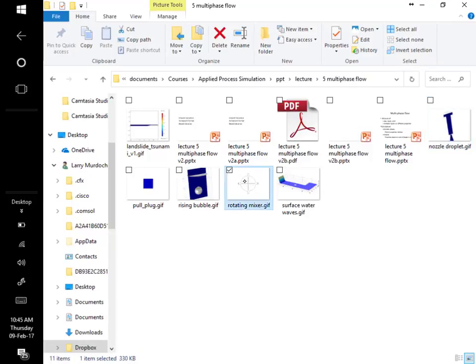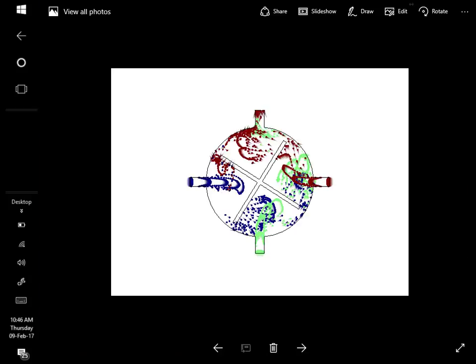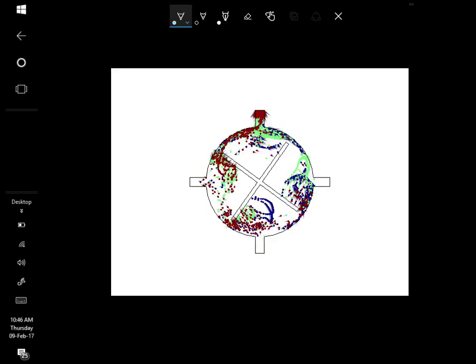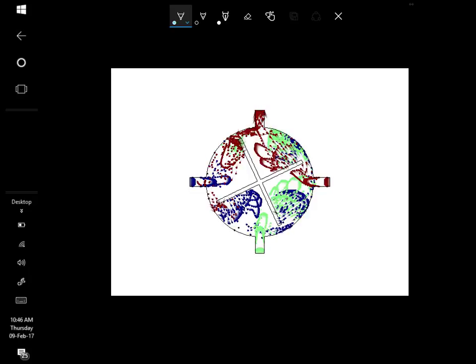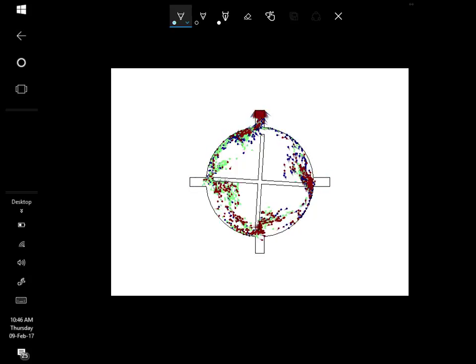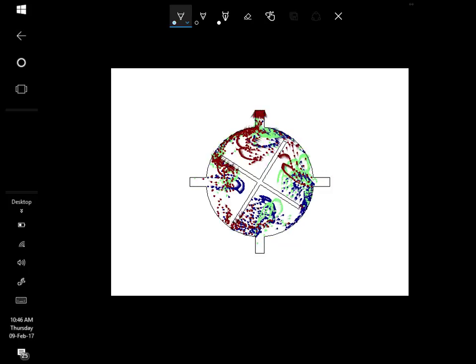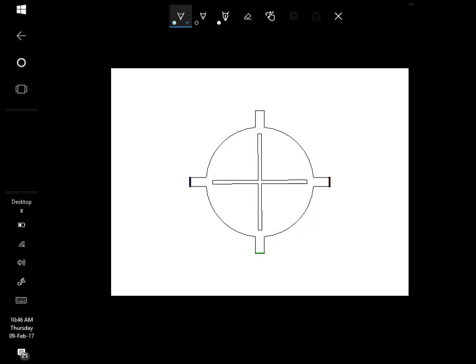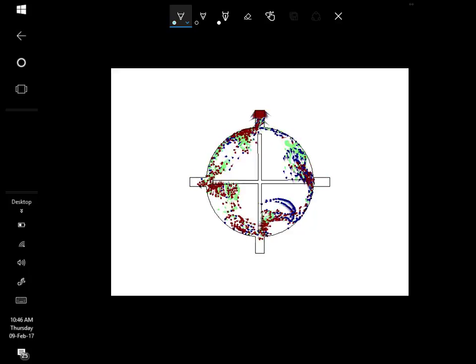Here's a mixer where we have particles that are injected in from the four sides of the mixer and spin around, and you can see how they're mixed around. These are particles that have mass and momentum as they spin around, and you can see the effects there.